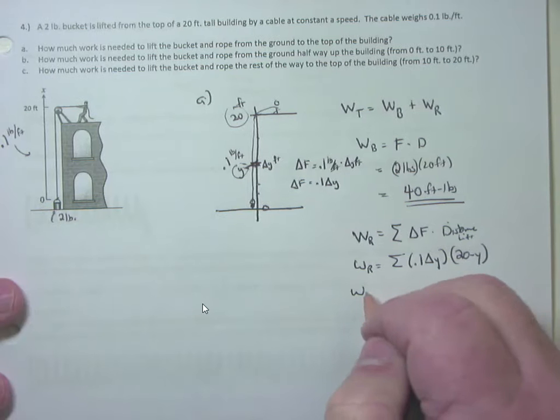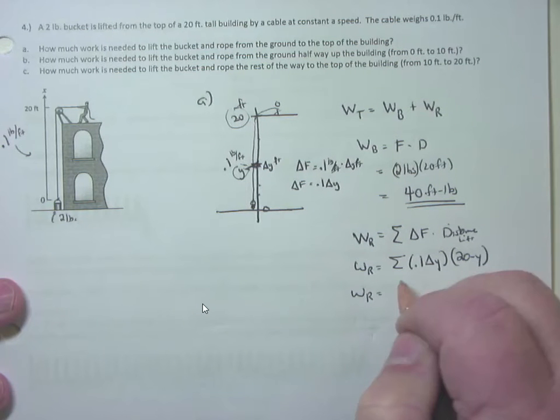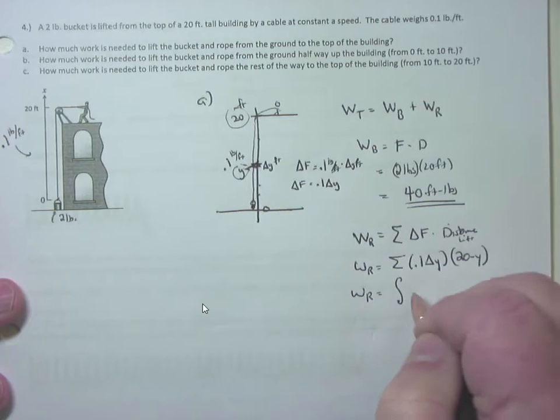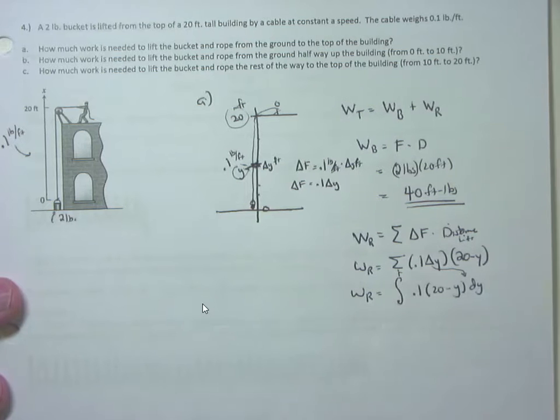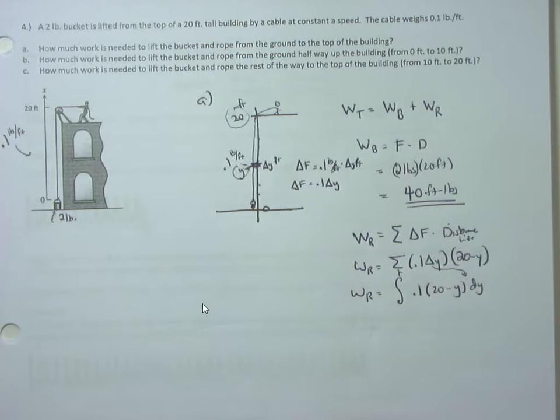Work on the rope would be equal to summation turns into integration. 0.1 is a constant times 20 minus y, and the delta y turns into dy. And all I need to do now is figure out what my bounds are. What are my bounds? Well, this time we're trying to lift the entire bucket off the bottom to the top of the building here.